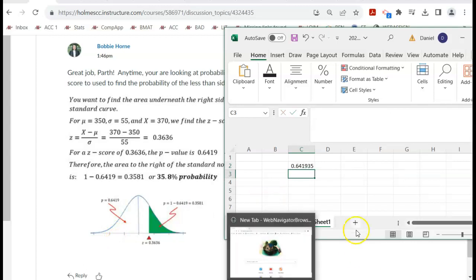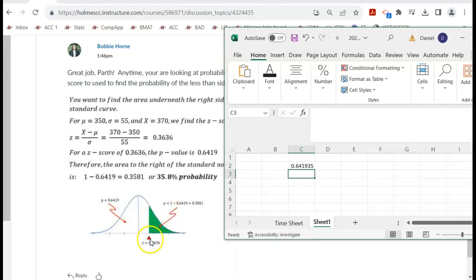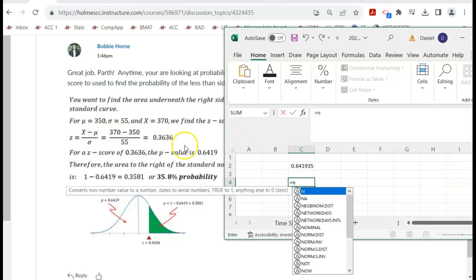So the probability of it being less than 370 is 0.641935.